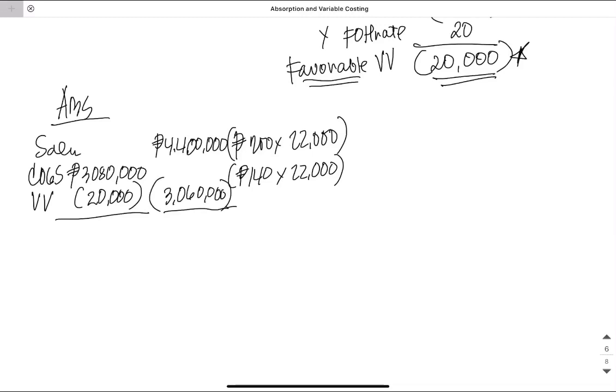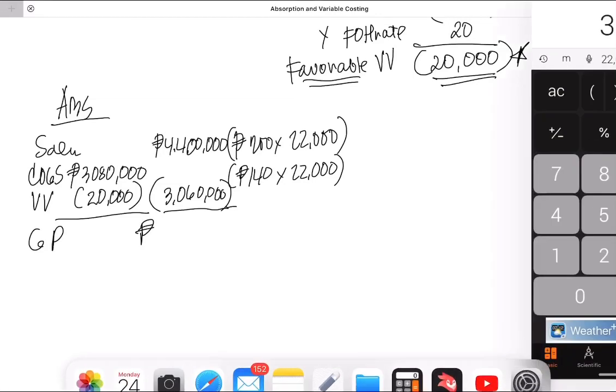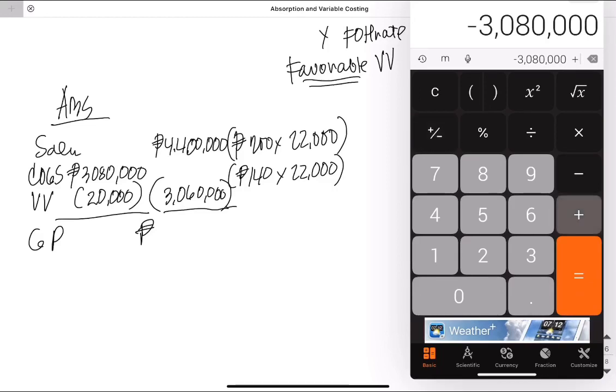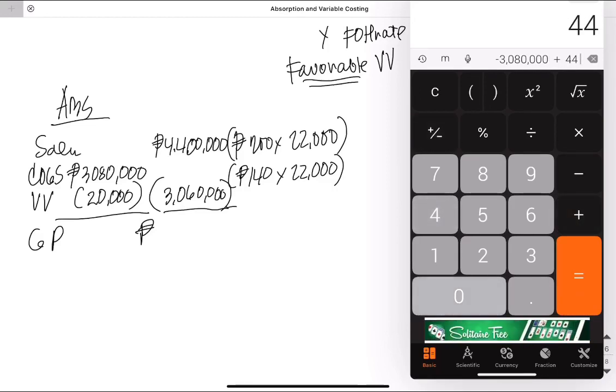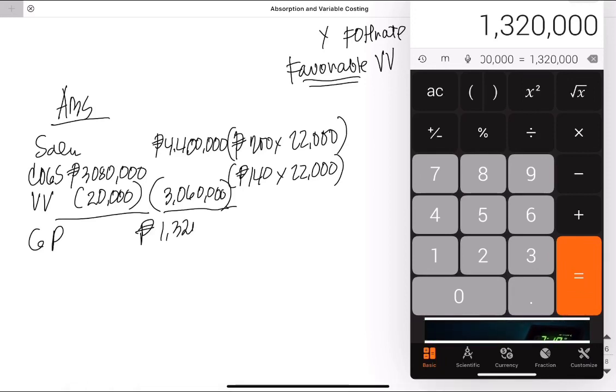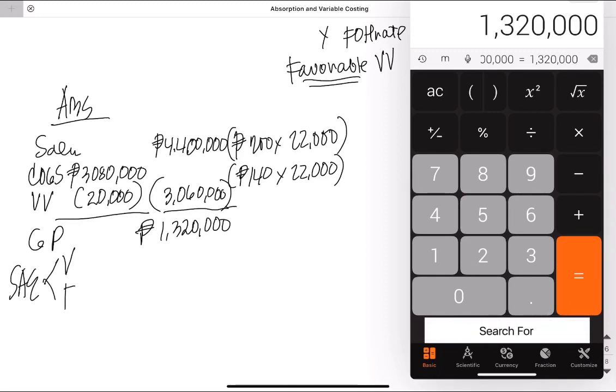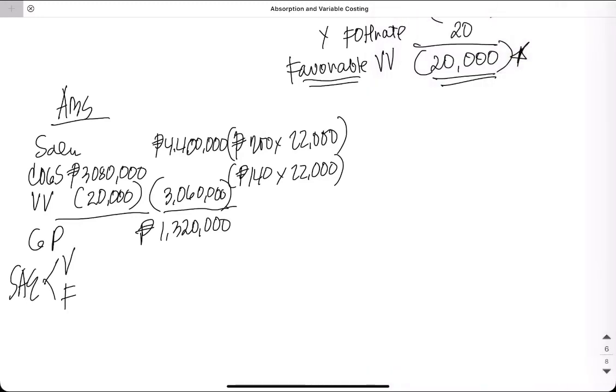Okay, so let's compute for the gross profit. So your gross profit amounted to 1,320. Next, selling and admin expense. So we have variable and fixed. So how much is your variable?